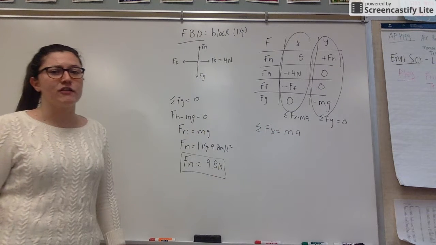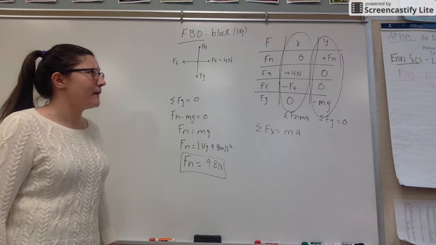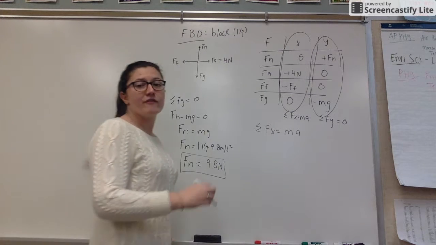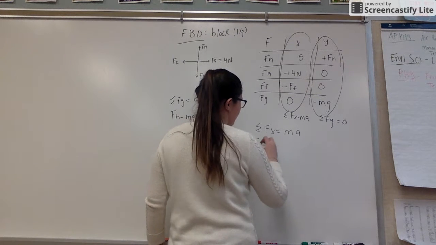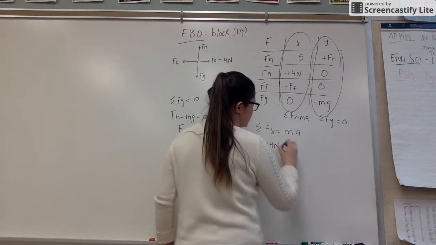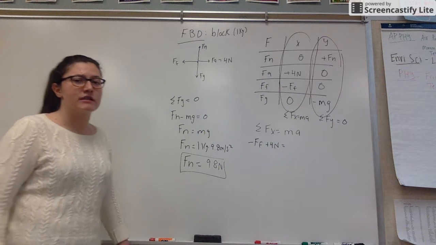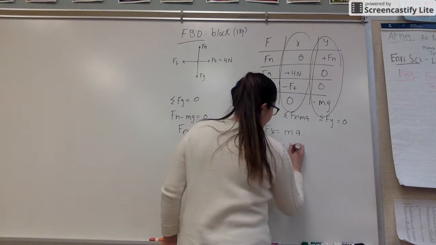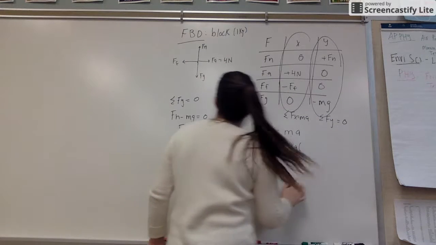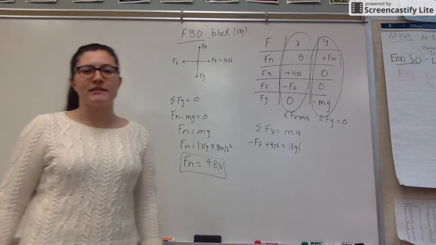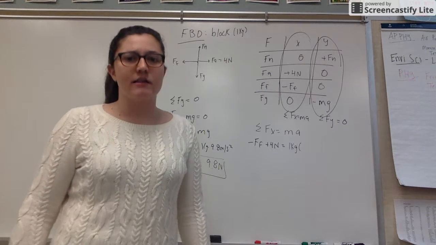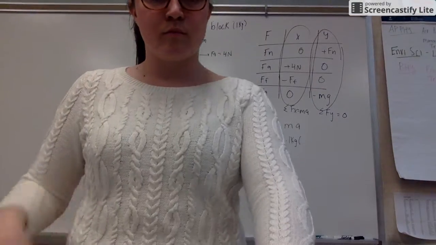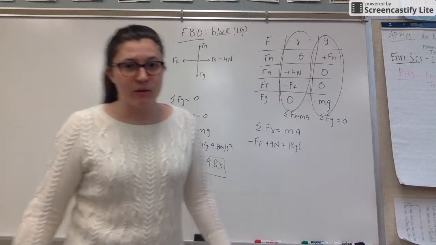Again, we know we have an acceleration in the x, so it's going to be equal to ma. In the x, we're going to have negative force of friction plus 4 newtons, our applied force, equals our mass, 1 kilogram, times our acceleration, which is 1.2 meters per second squared.